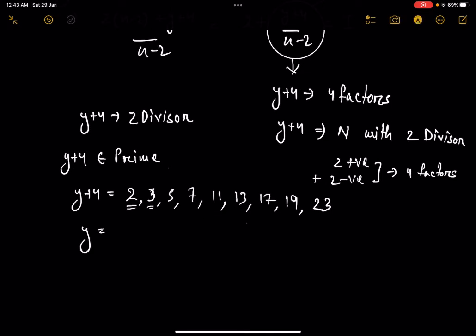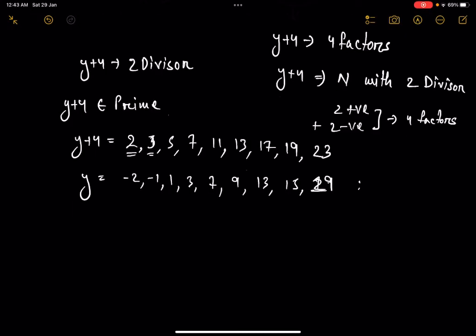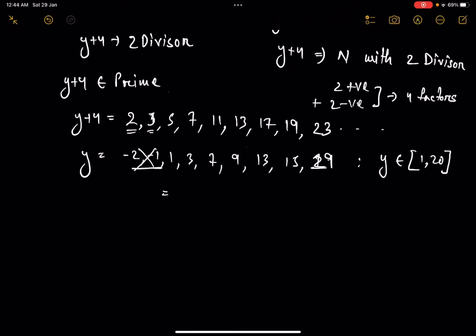So then we can write that y equal to minus 2, minus 1, plus 1, 3, 7, 9, 13, 15, and at last 19. But in the question it's given that y belongs to the range of 1 to 20. So we have to cancel out some of the terms, and at last we will have 1, 3, 7, 9, 13, 15, 19, which is a total of 7 terms, which is the answer.